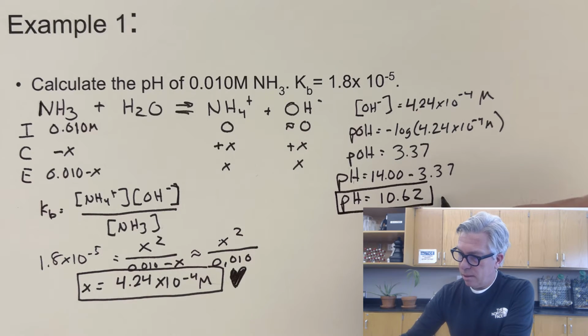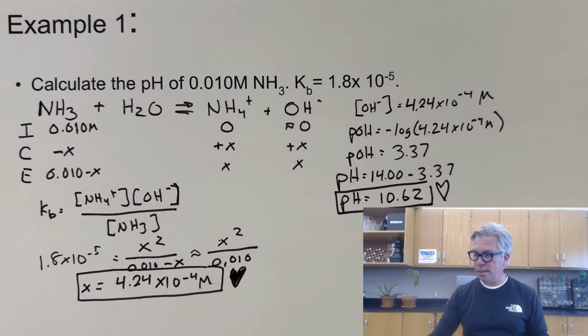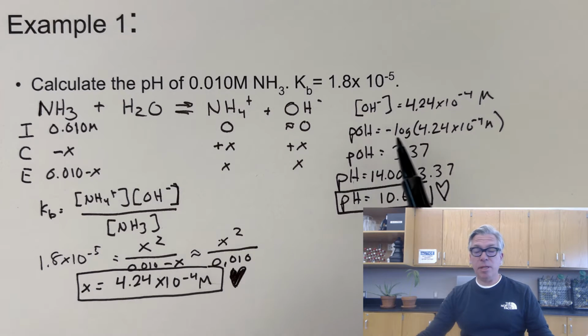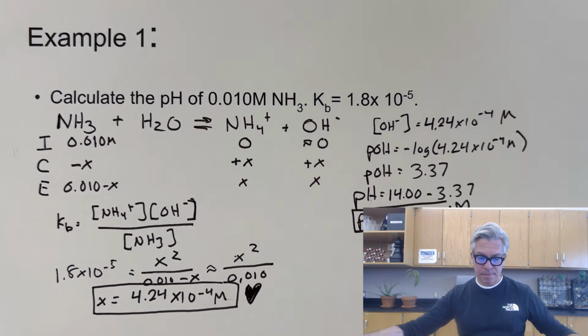And that would be my final answer. Okay, so a couple of steps. Ice table, equilibrium expression, solve for x. That's going to give you your OH minus concentration. And then take the negative log of that to get the pOH, and then subtract from 14 to get the pH. And guess what? Now it is your turn to try one of these.